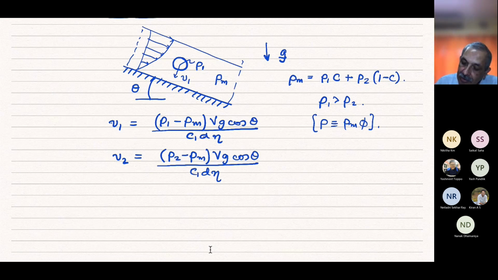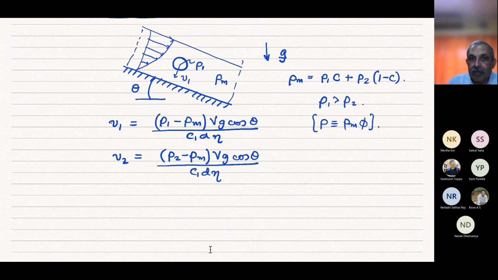So V1, since rho 1 is greater than the mean density, rho m, will always go downward. I mean, particles of type 1 will always sink, because rho 1 will always be larger than the mean density. And the particles of type 2 will always rise because rho 2 is always less than rho m.